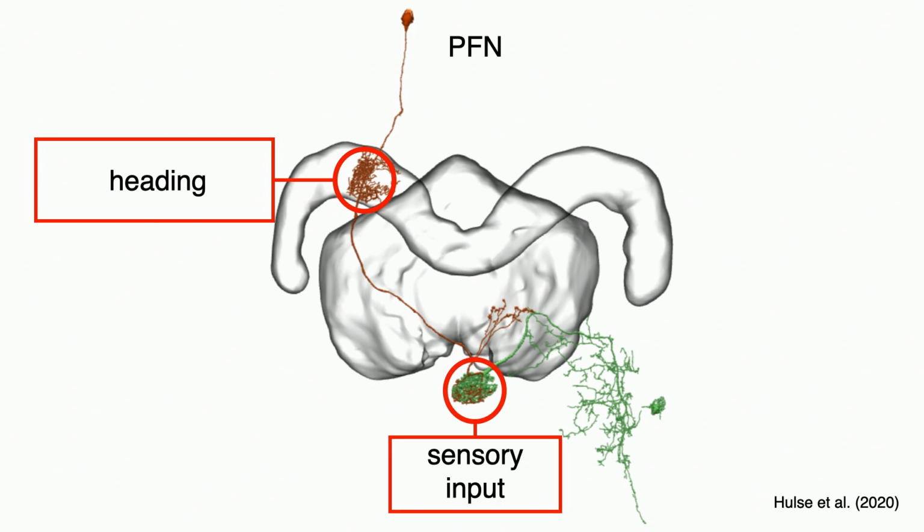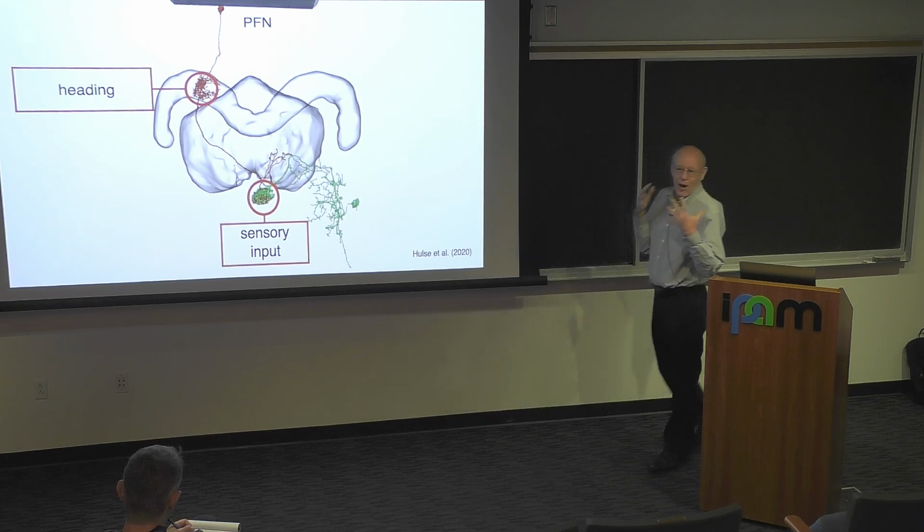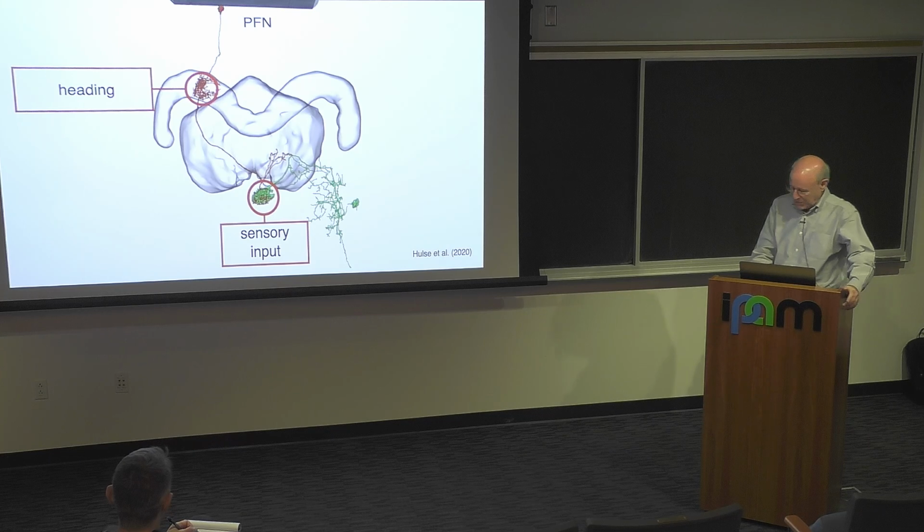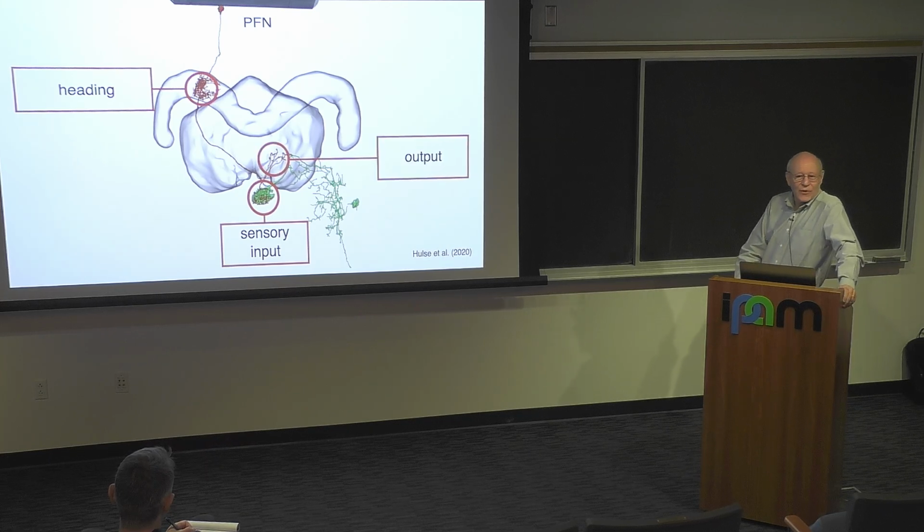And then it gets sensory input here. In fact, this is the case of the optic flow. This green neuron carries optic flow visual information. Okay, and then here's where it puts its output out. And that output is going to go into representing the sensory information.